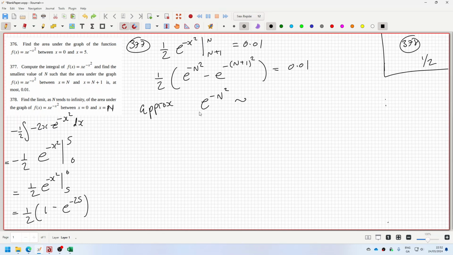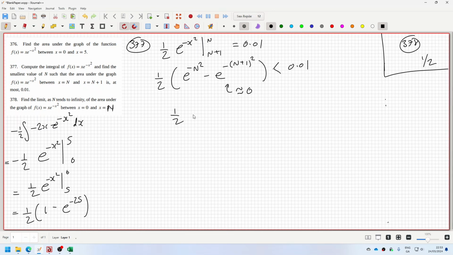So let me think. You would like this to be less than that. So what's the difference here? These are neighboring terms. So the difference is the difference in the height. If n is large, this would be roughly 0.